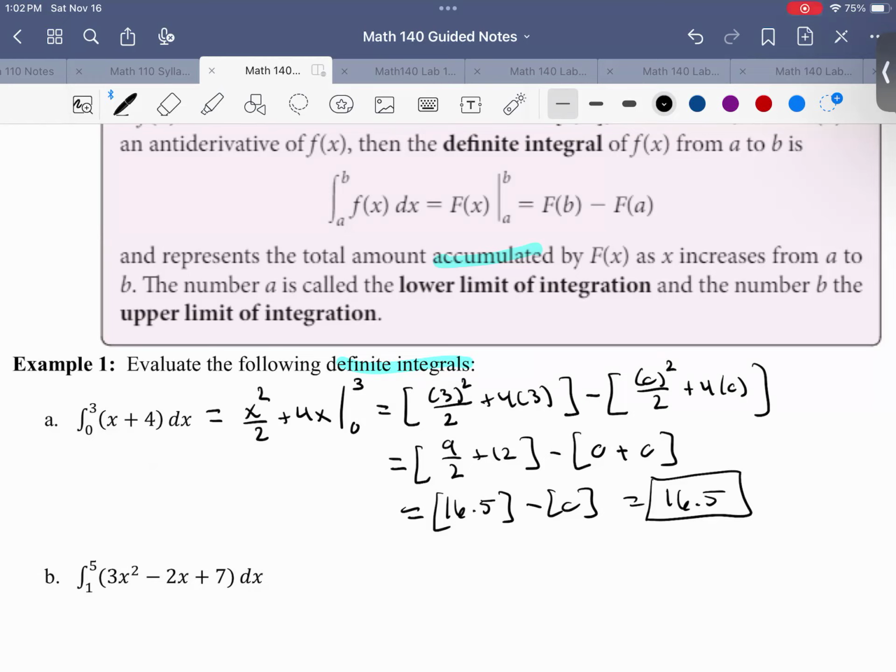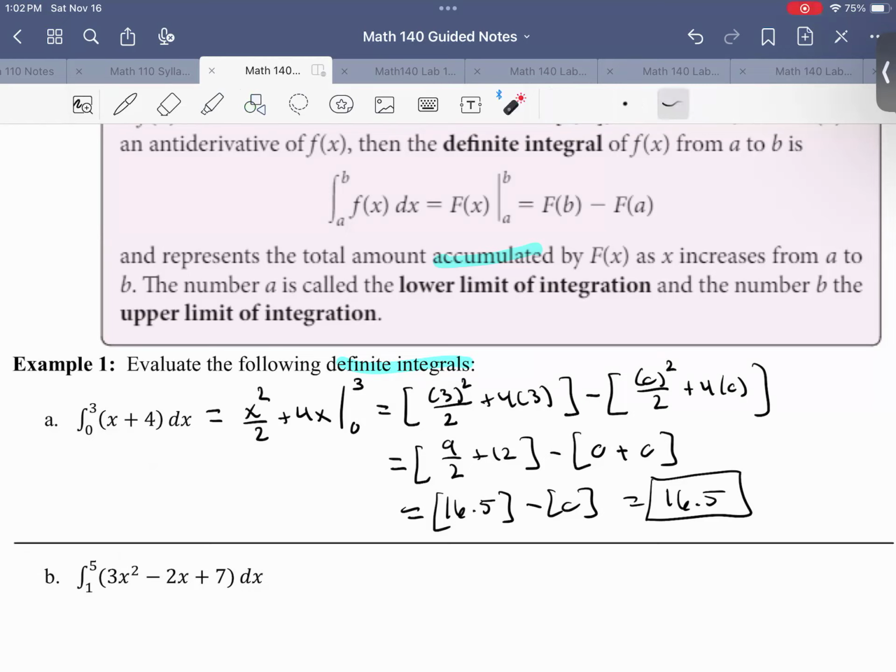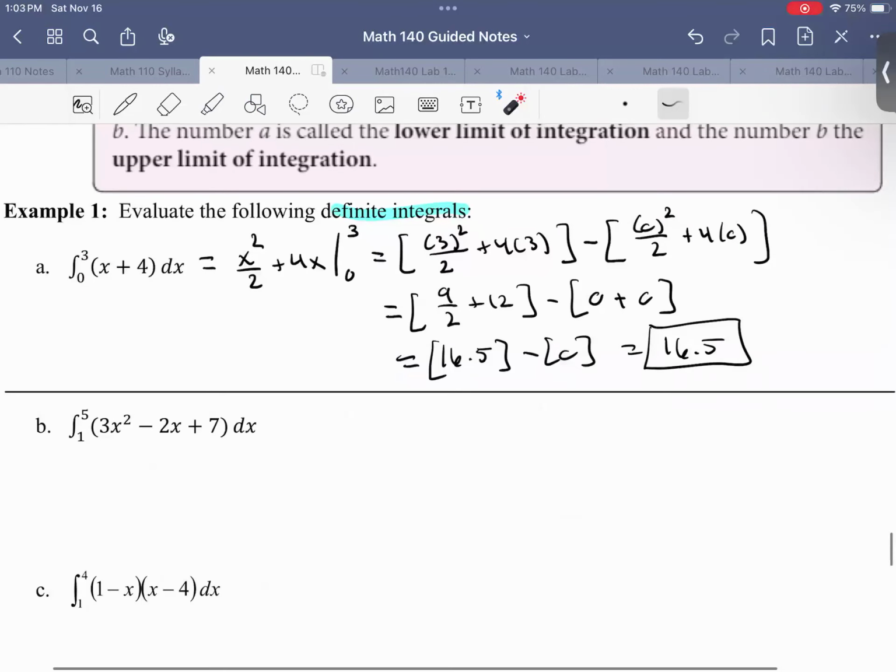Okay, so that is number 1. It's a lot easier when 0 is one of your limits, most particularly your lower limit. It's just an easier calculation, but now we're going to see a calculation where 0 is not one of our limits, and we actually will be subtracting something of value.